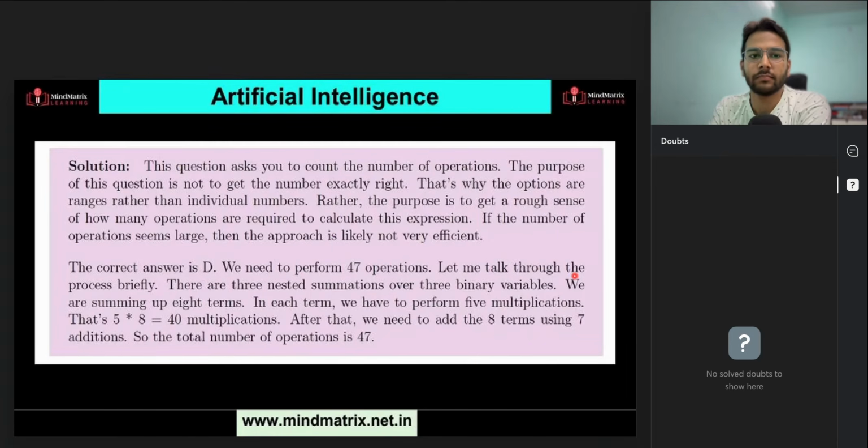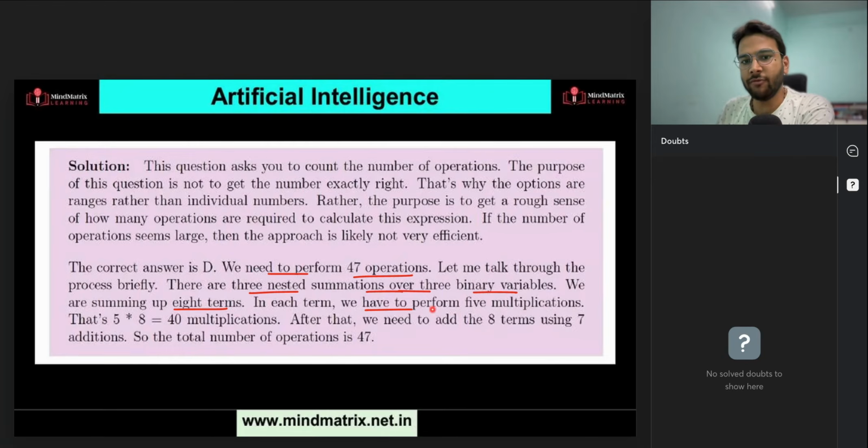Correct. And here the proper solution is also given to you. You can just read it out here. Let's start from here. The correct answer is D. We need to perform 47 operations. We have 3 nested summations over 3 binary variables. We are summing up 8 terms, right? 3 binary variables means we are going to have 8 terms.